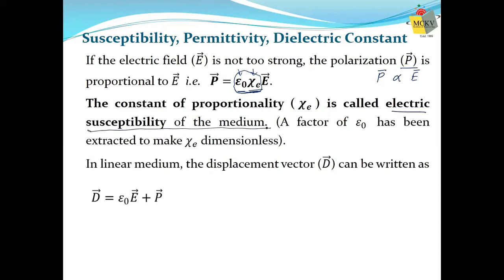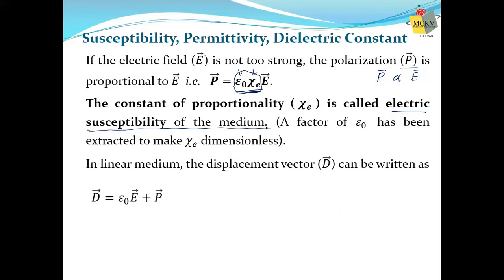It is also an inherent property of the medium. There are generally two types of susceptibility of a material: one is called electric susceptibility, the other is magnetic susceptibility. That's why, instead of writing just susceptibility, you should always write electric susceptibility, chi e. It is an inherent property of the material. So whenever we have a material, a medium, you must know the susceptibility of that material.